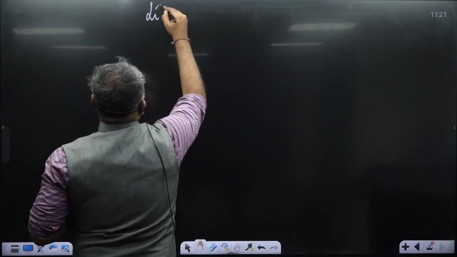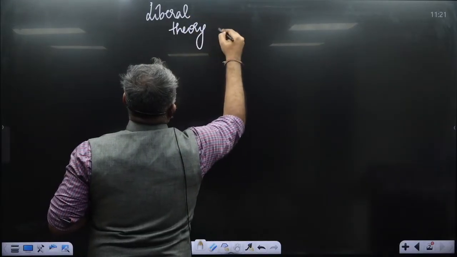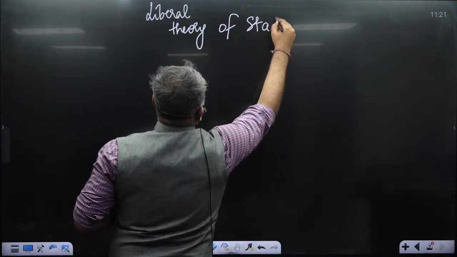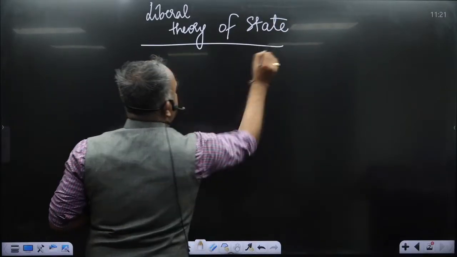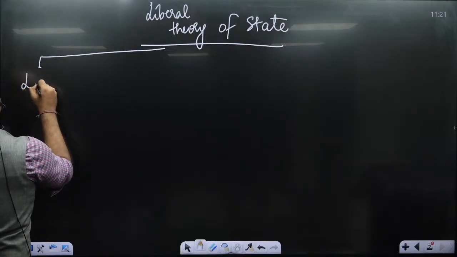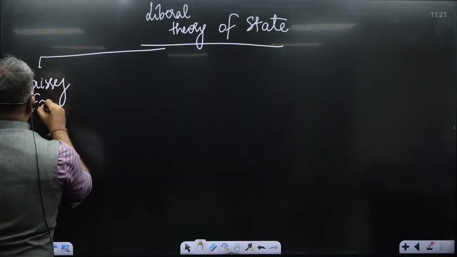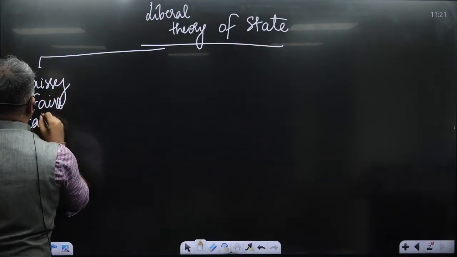So if I'm talking about the liberal theory of state in very broad terms, how can I divide it? Here, the one which your friend spoke about, the laissez-faire state or laissez-faire capitalism.